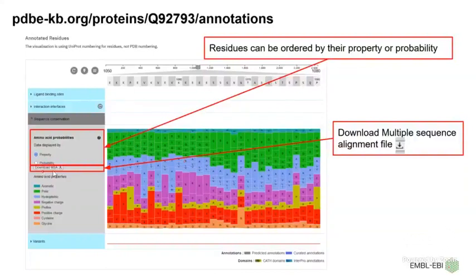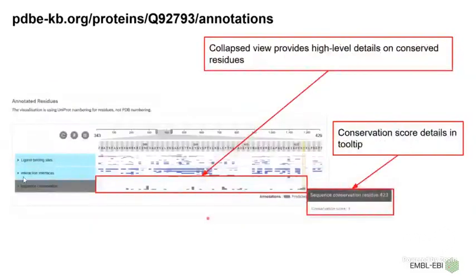The multiple sequence alignment file can also be downloaded using this button. If you collapse the sequence conservation view, you can see the high level details on the conserved residues. And if you hover over it, in the tooltip you can also see the conservation score.